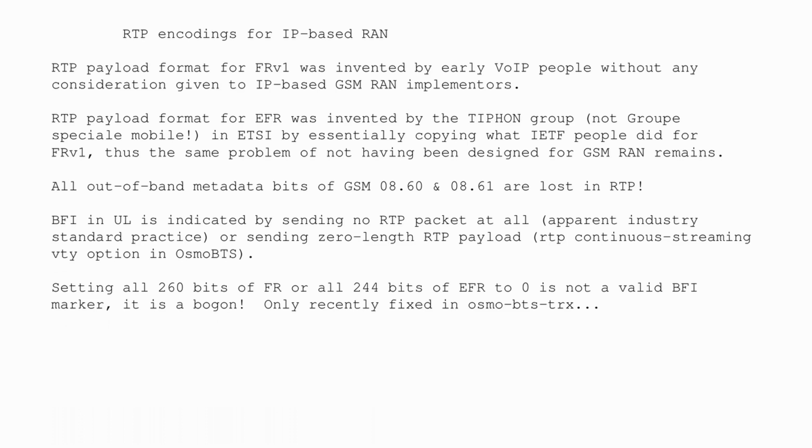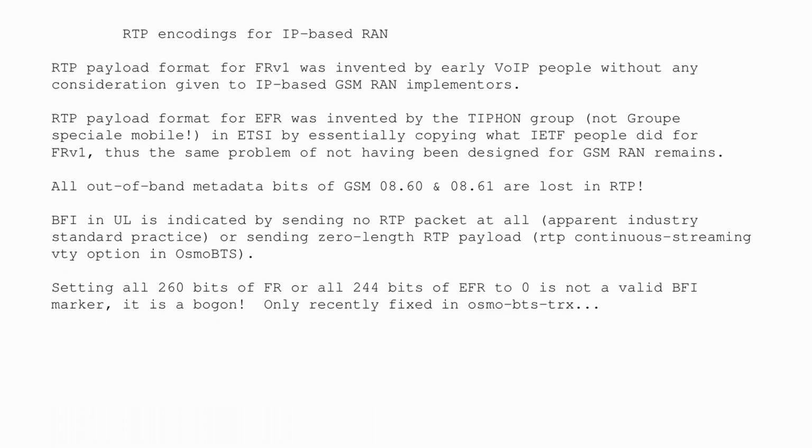But as far as politically where the group stood and whether it related at all to Groupe Spécial Mobile or not, that I'm not privy to. And looking at the product of their work and what they actually produced in the spec, it does not look friendly at all to GSM RAN implementers.